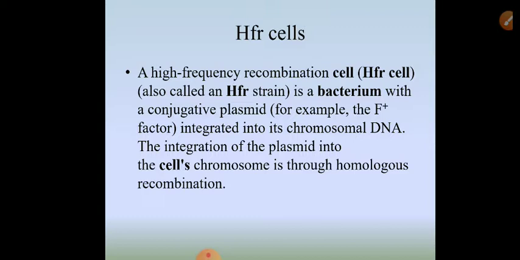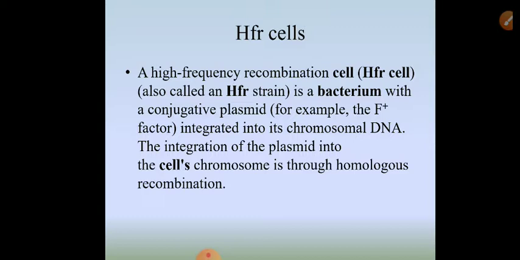With HFR cells as donors, the frequency of recombination is very high, and hence they are known as high frequency recombinant cells, and the process is called high frequency recombination.